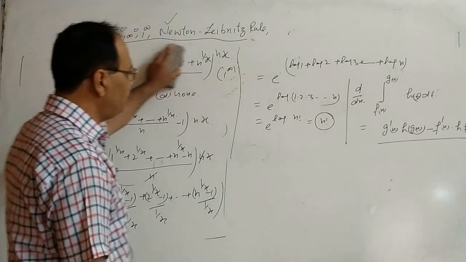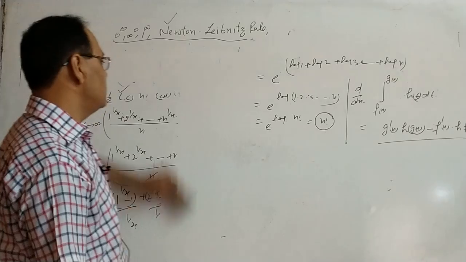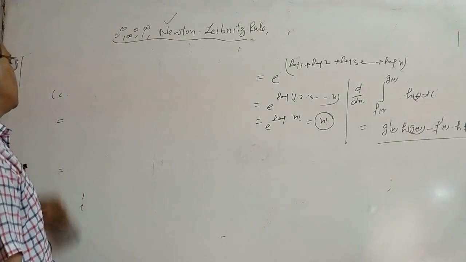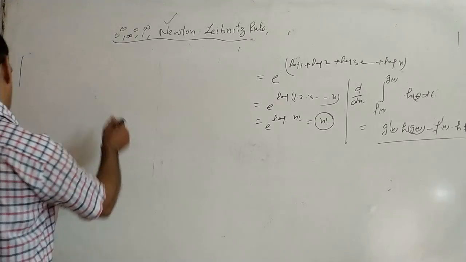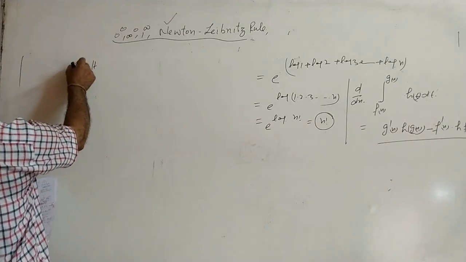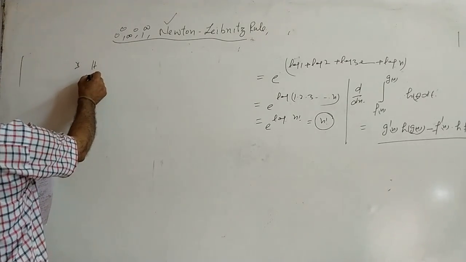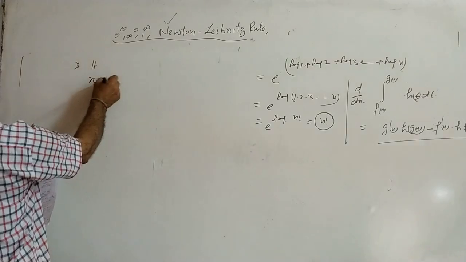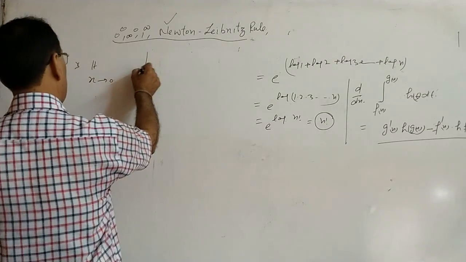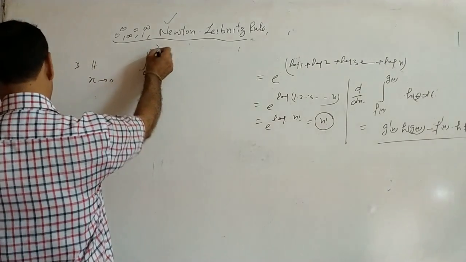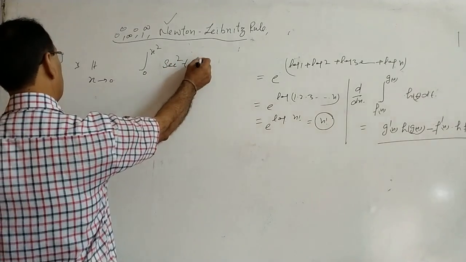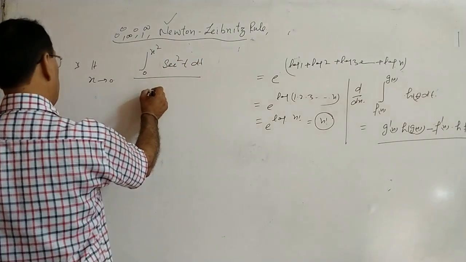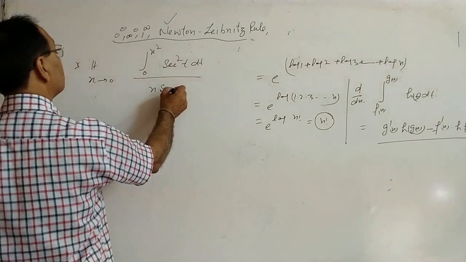Okay, so I will take some question on the basis of Newton-Leibniz rule. So let me take limit x approaches to 0. It is from 0 to x square secant square t into dt whole divided by x into sin x.